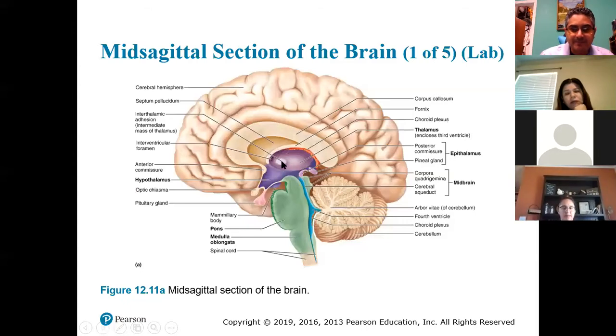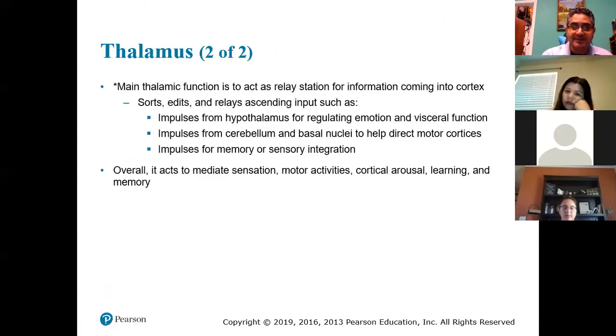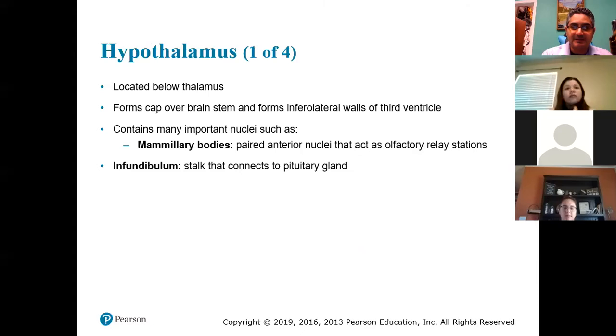Thalamus, underneath thalamus, hypothalamus. The hypothalamus. Now, this one is very important. Very, very important.